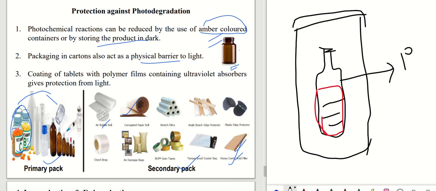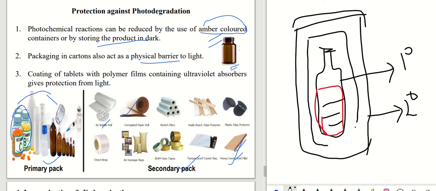This is the primary pack, this is the secondary pack. Between these also we'll have some paper roll attached. This acts as a physical barrier to the light. So these are the various methods by which we can protect the drug against photodegradation.